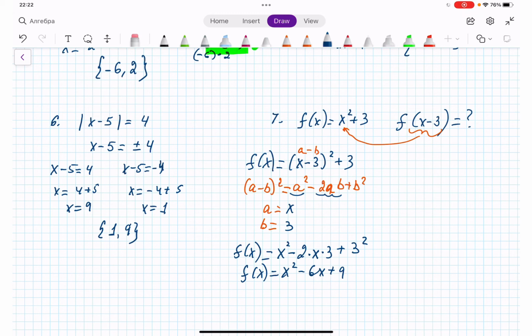Let's do the second way for whoever doesn't want to use the formula. So f of x is equal to (x minus 3) squared plus 3. I'm writing it this way: f of x is equal to (x minus 3) times (x minus 3), twice, because it's a square, right? So I'm going to multiply twice.